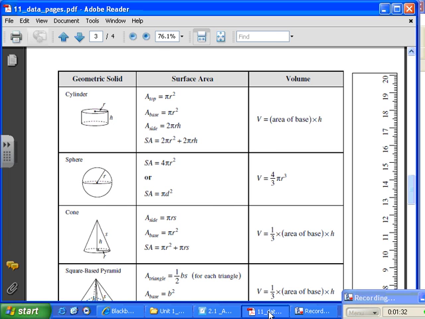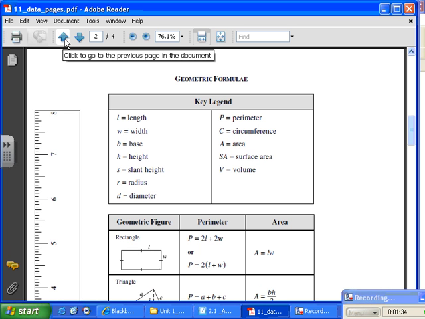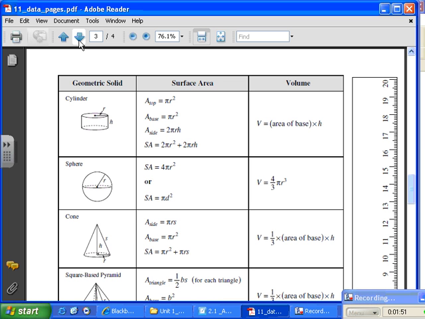And you'll notice that on the page before it, page 2, the geometric figures that you had down here were all in 2 dimensions, rectangles, triangles, and circles. And we were only given the formula for area. Okay, we weren't given the formula for volume anywhere on this page. So we're going to go to the next page, which is page 3.